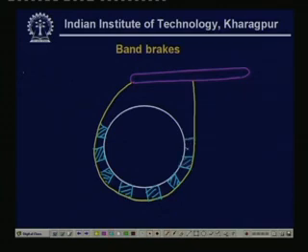So, let us say there are n shoes. Again this is the fulcrum, it is rotating in the clockwise direction.